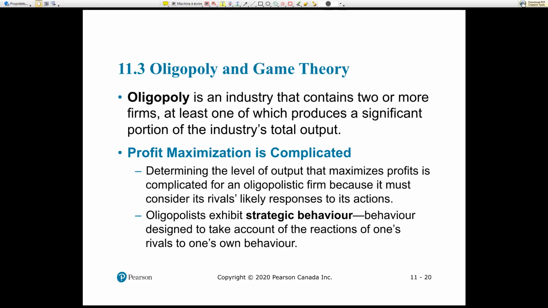So it makes things from an analytical point of view much more complicated. So this is what's happening here. Oligopolists will end up exhibiting strategic behavior, so behavior designed to take into account the reaction of one's rivals to one's own behavior.